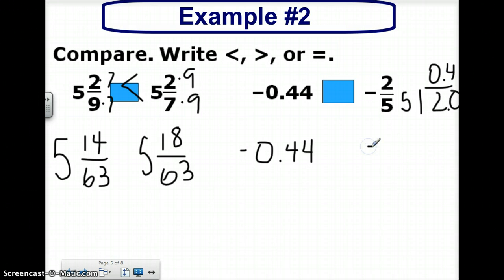So that becomes a negative 4/10. Do they have the same number of digits following the decimal point? No, they do not. So our 4/10 is the same as 40 hundredths. Now, when placing your comparison symbol, please note both of these numbers are negative. So your answer should be less than, because the further away from the zero you move on a number line, the smaller the number is.